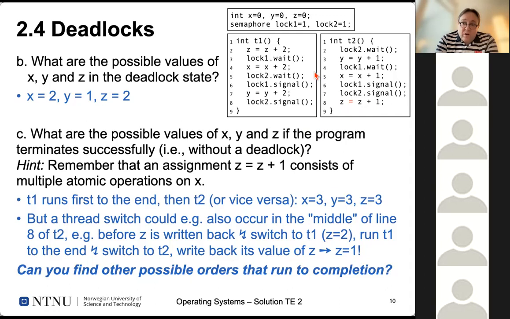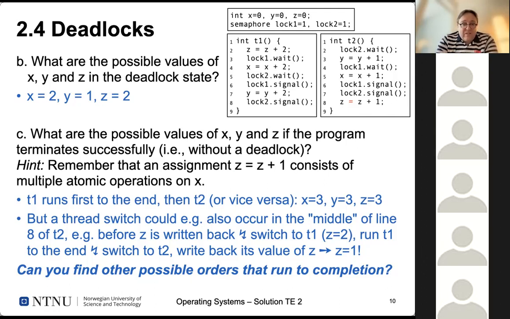So we switch to T1, execute T1 till the end, and we switch back to T2. So we still have the old Z plus 1, which is 1 in the register, and write it back to Z. So we just overwrite the value of 2, which was written by T1 after it was scheduled. So that's one of the things that can happen here. So here we would maybe end up with Z equals 1.